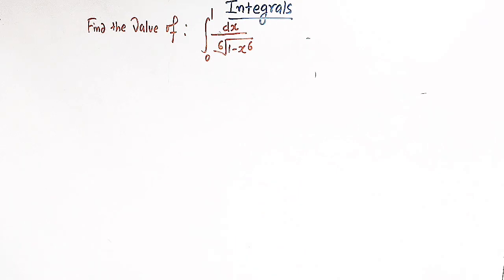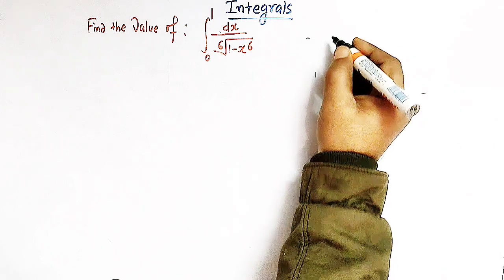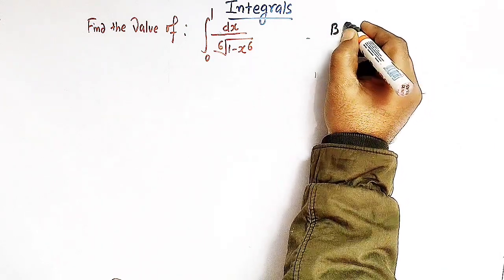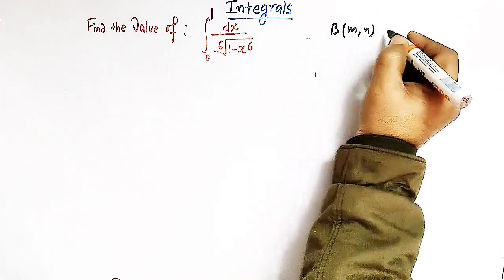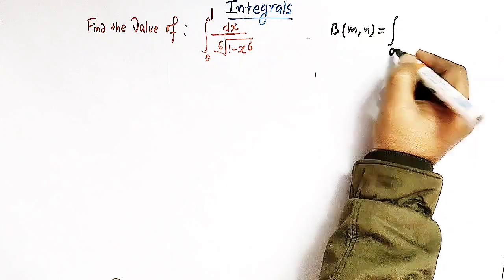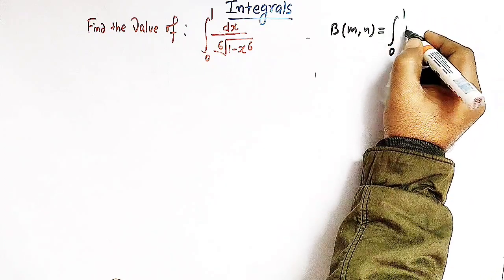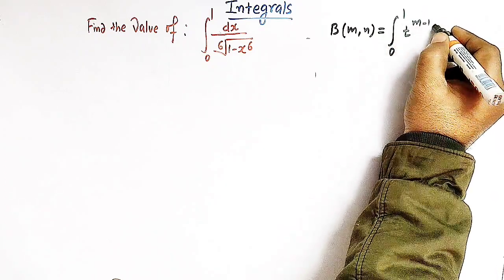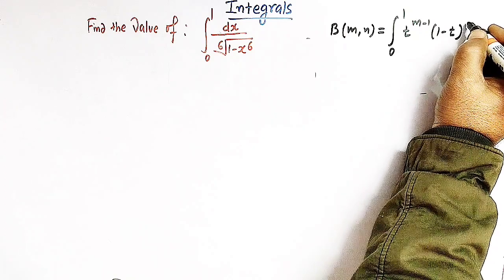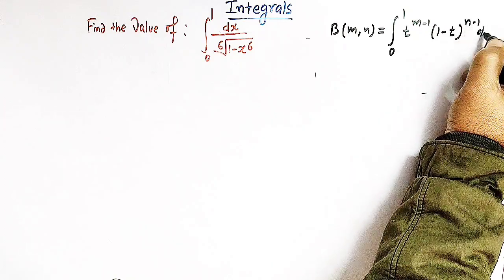So let us first convert this integral I using the method of substitution to the beta function, which is given by beta m comma n is given by the integral 0 to 1, and we have t raised to m minus 1 times 1 minus t raised to n minus 1 dt.